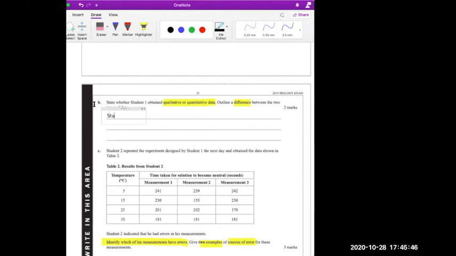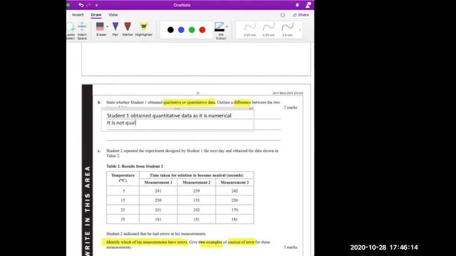So student 1 obtained quantitative data, and that's your first dot point. Outline a difference between the 2 types of data. So then you're saying that, or you can say, as it is numerical, it is not qualitative.